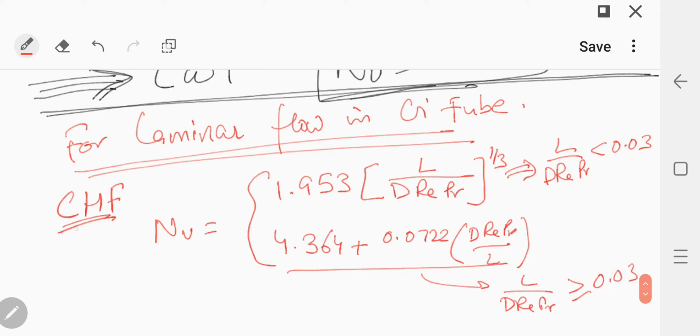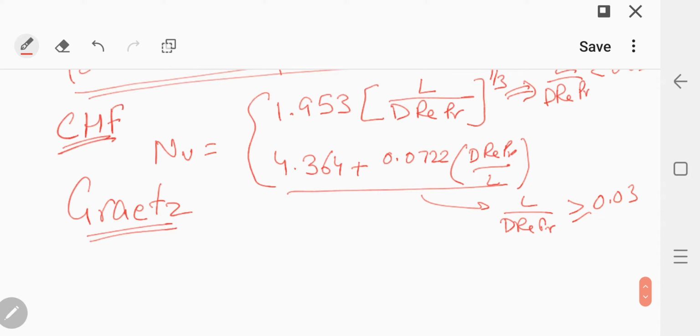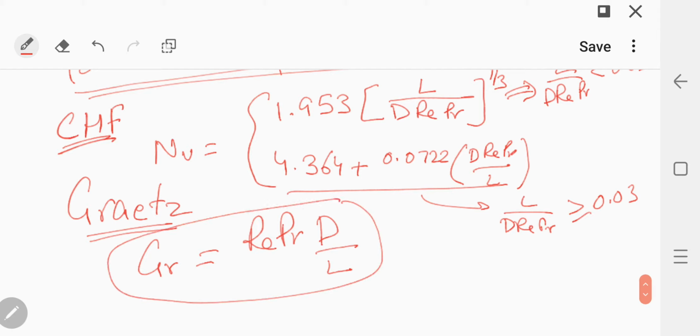This expression for heat flux was proposed by Graetz, and he gave his number, the Graetz number, which is a ratio of Reynolds Prandtl into D by L. He proposed this dimensionless number as the Graetz number.